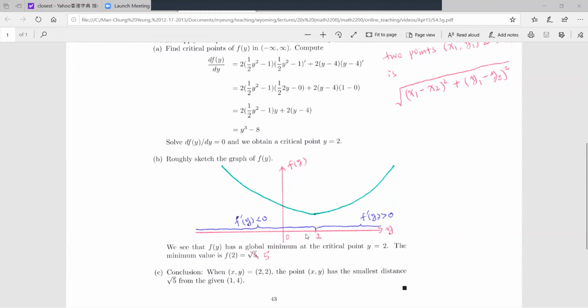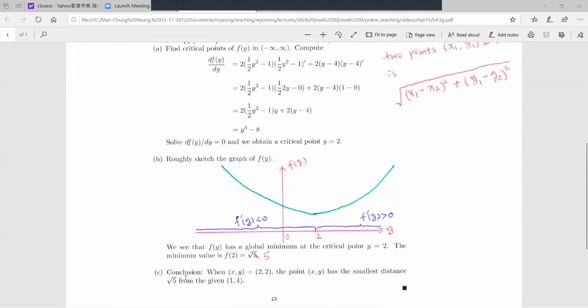That means on this interval the derivative is everywhere positive, and therefore the graph of f is increasing. This is a rough sketch of the graph of f. From this sketch, we can see that at the critical point 2, f has a global minimum.